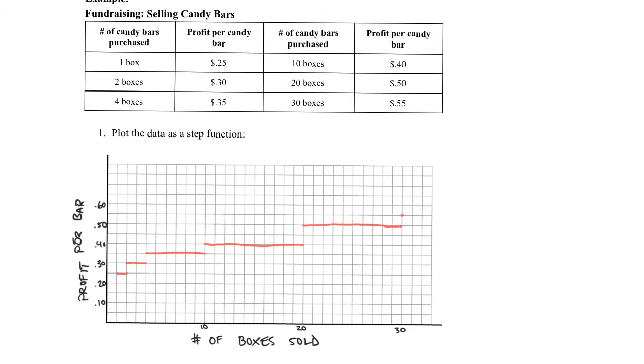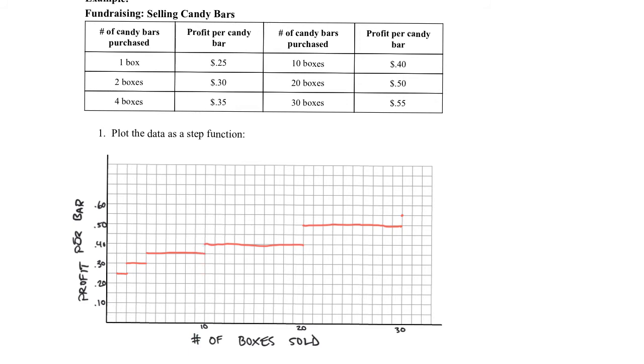Now, the last piece of this is to decide open circles and closed circles. Now, the easiest way to do this is to basically pick a spot where there's actually a step. So for example, pick 10, because at 10, I actually go from one y value to the next y value. So there's a step here at 10. And ask yourself this question. If I sell 10 boxes of candy, what is my actual profit?